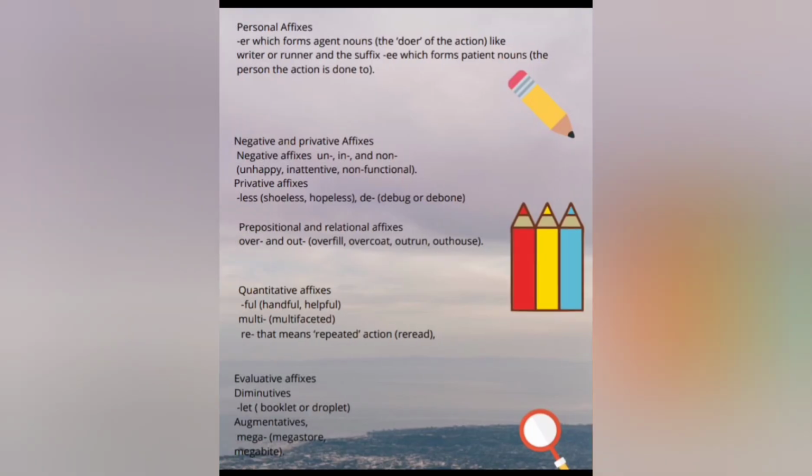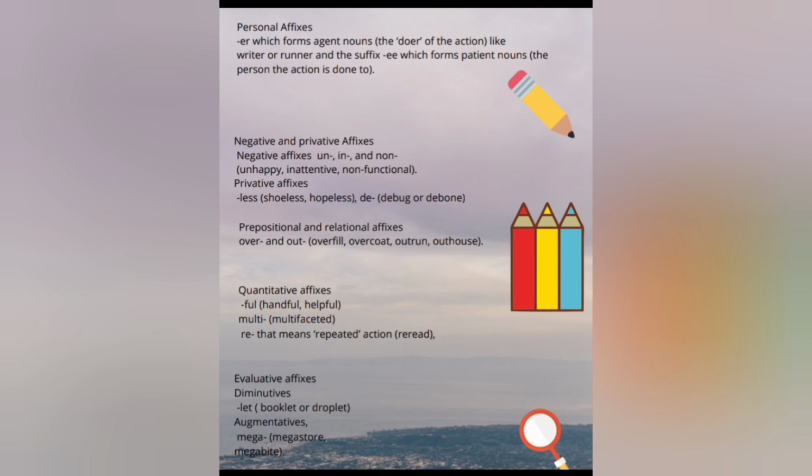Personal affixes, for example, with the ending er, form agent nouns, the doer of the action. For example, writer or runner. And with the ending ee, which forms patient nouns, the person the action is done to. Negative can be with un, in, and non, unhappy. And privative can be with less or de, shoeless or debone.